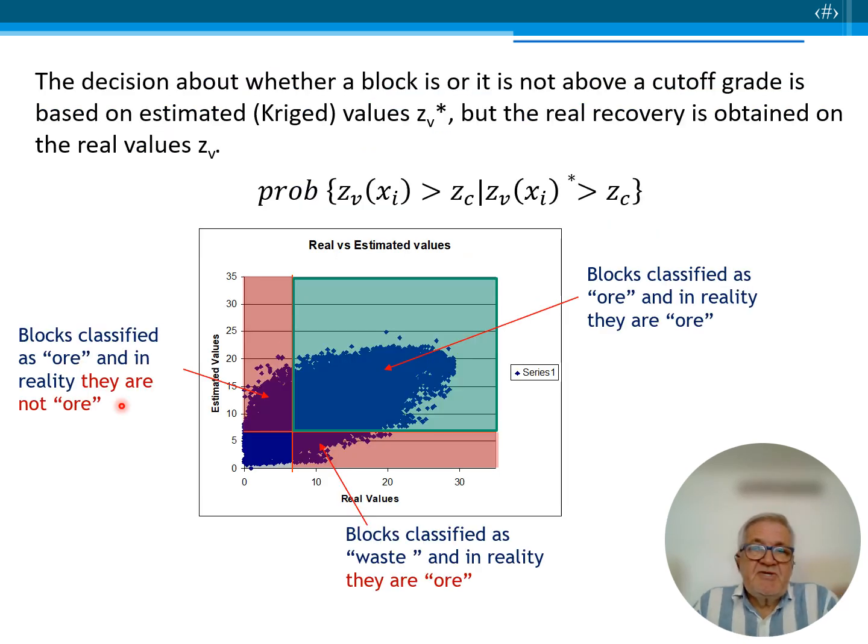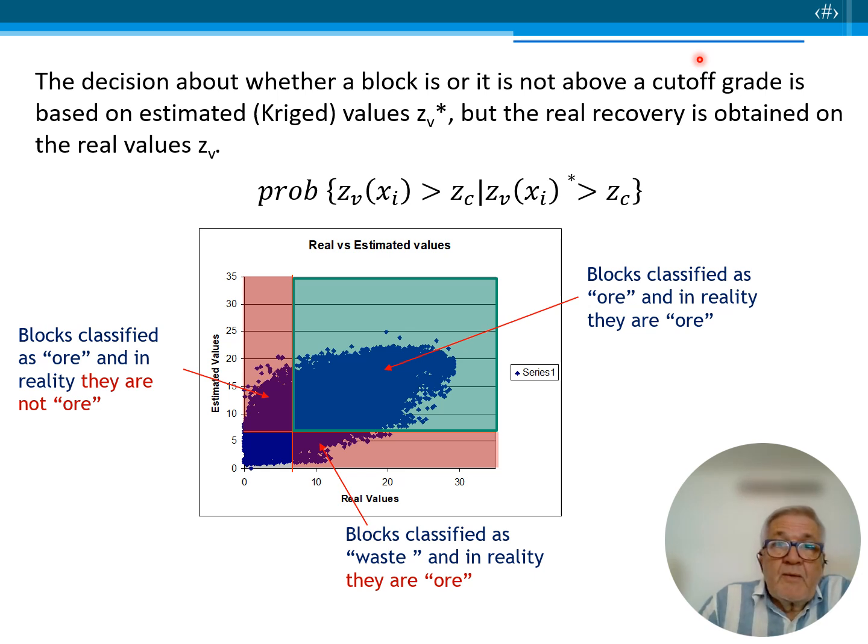So the decision about whether a block is or is not above a cutoff grade is based on the estimated value Z*, but the real recovery is obtained on the real value Z, because in fact what is going to feed our dressing plant are the real values.